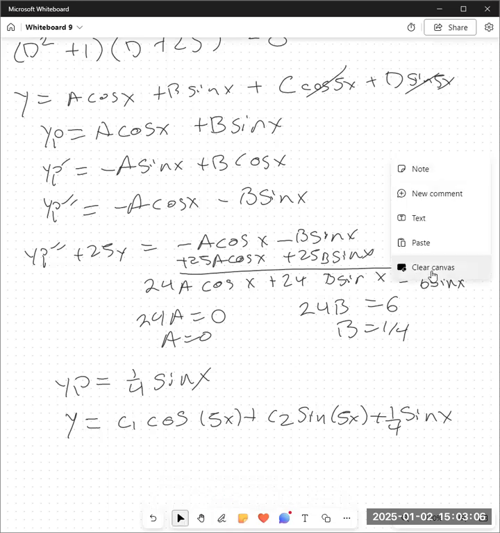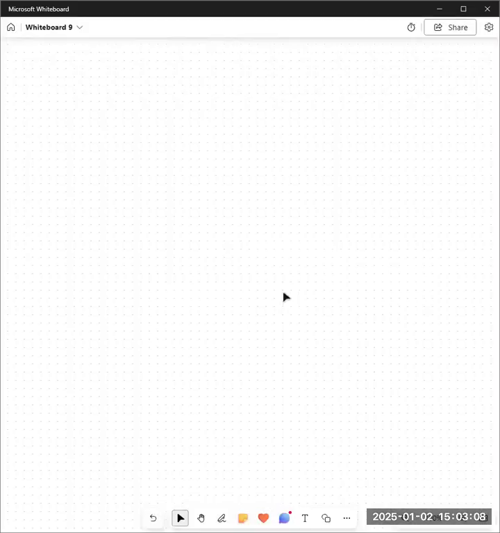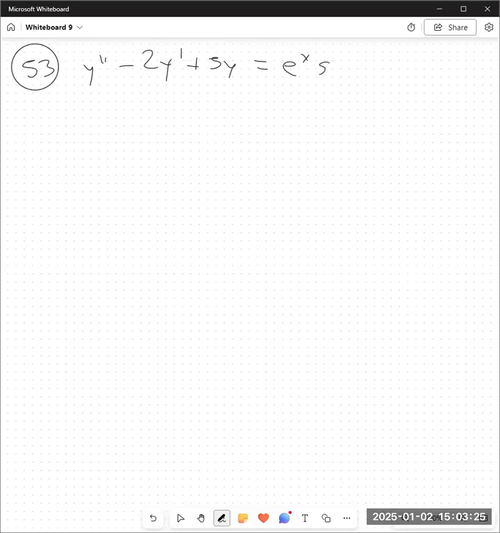Let's look at number 53. Y double prime minus 2y prime plus 5y is equal to e to the x sine x.